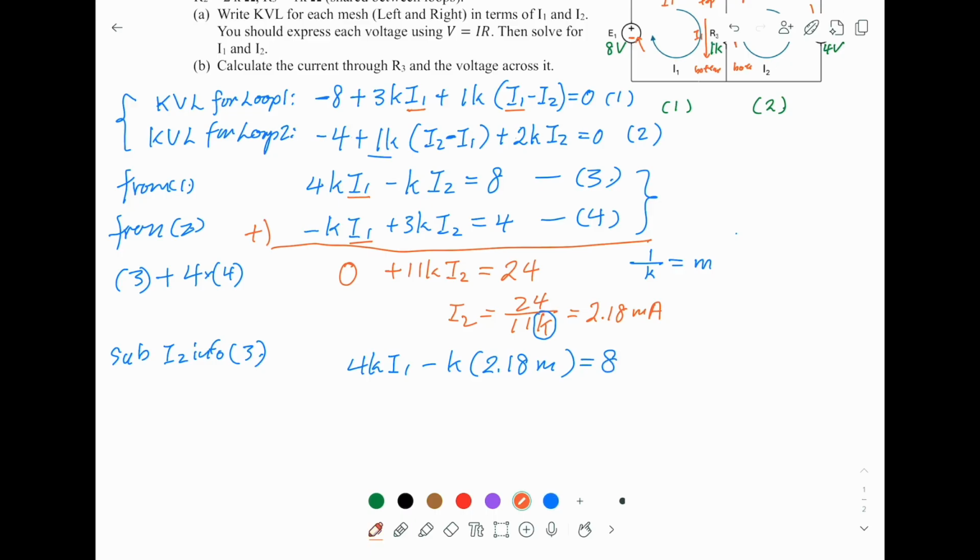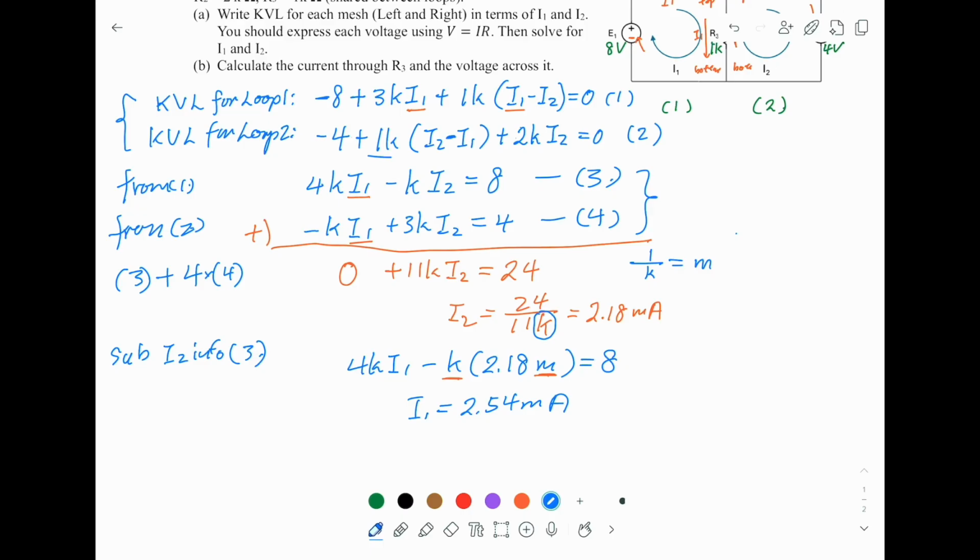And this k here, this m here, they sort of cancel out because 10 to the power 3 times 10 to the power minus 3 equal to 1. And if you do the calculation and rearrange this one, you will find I1 equal to 2.54 milliampere.